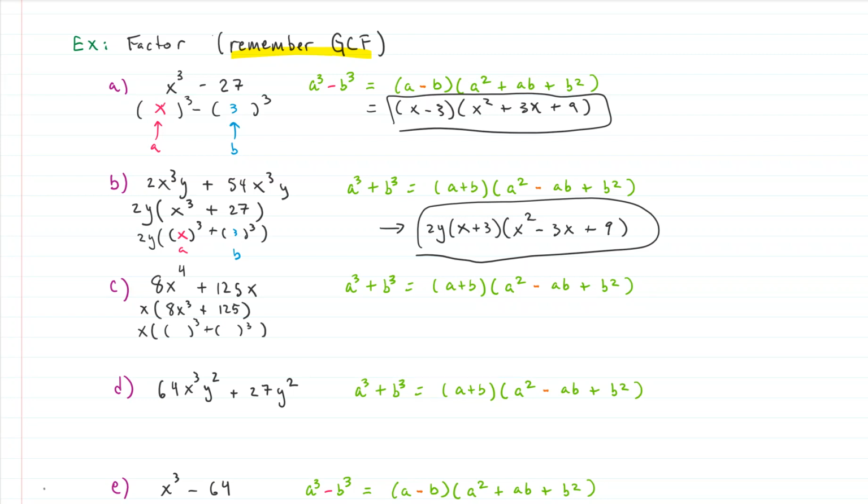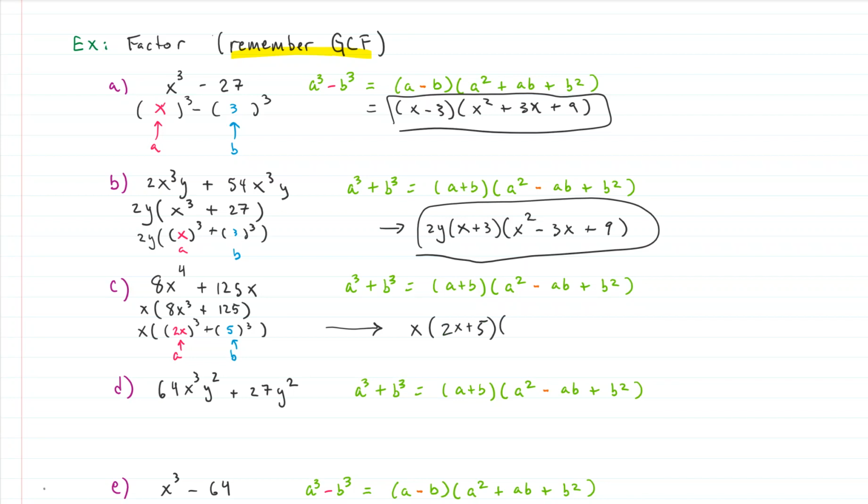The 8x cubed becomes 2x quantity cubed. So A then is 2x, and we have 5 cubed is 125, so B becomes 5. And remember, we have an x hanging out in front, so we can't forget that. So A plus B is 2x plus 5.